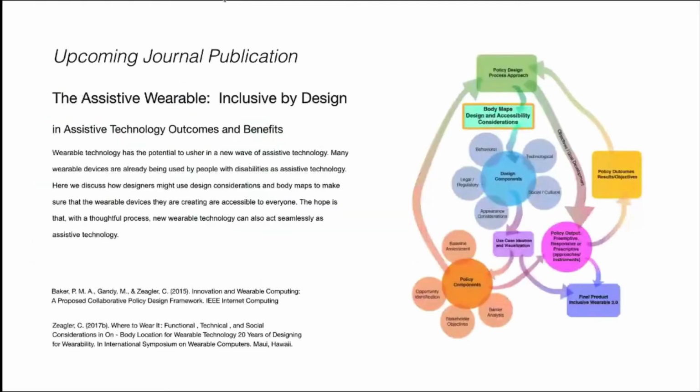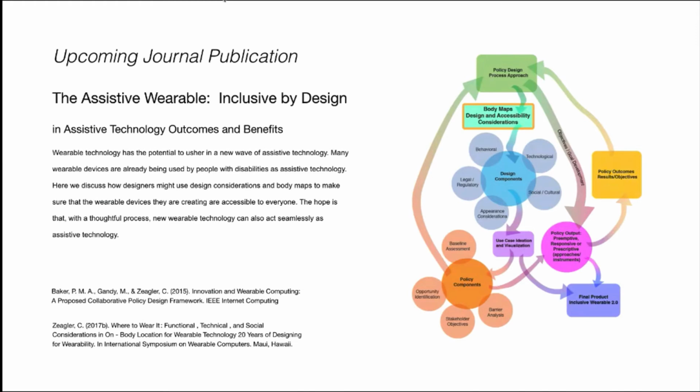So moving past that into some current work and some future work that I hope to see. We have an upcoming journal publication called the Assistive Wearable Inclusive by Design. It's going to be in the Assistive Technology Outcomes and Benefits journal.